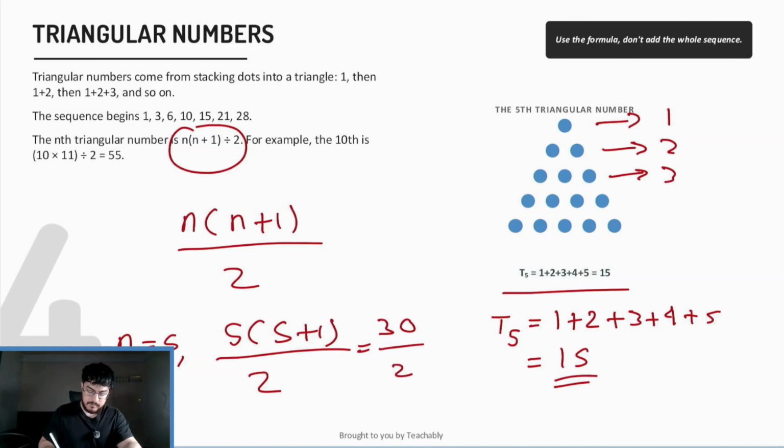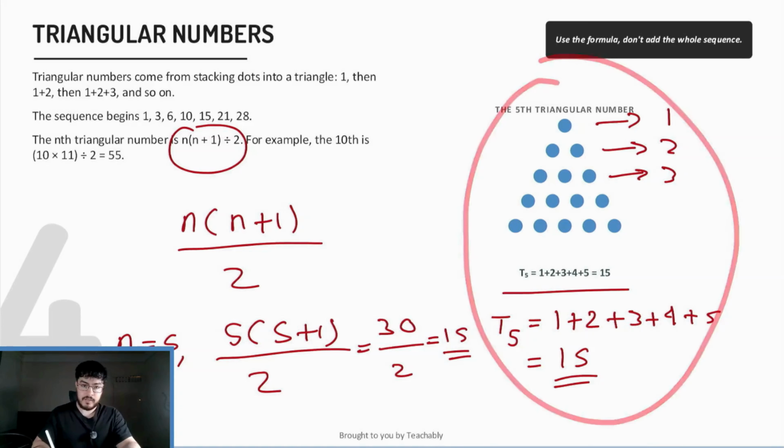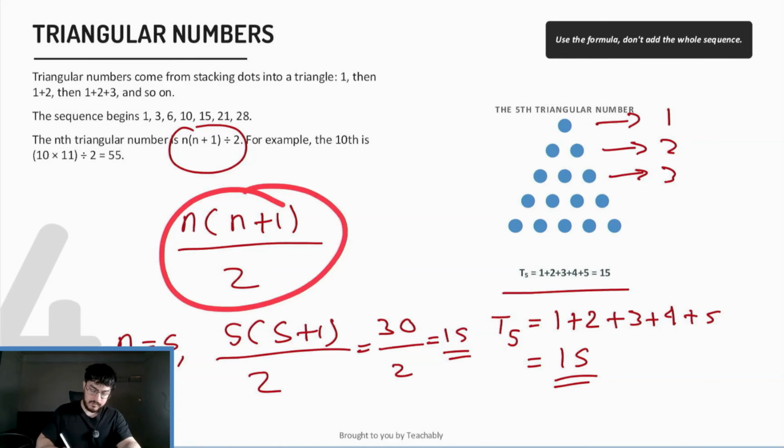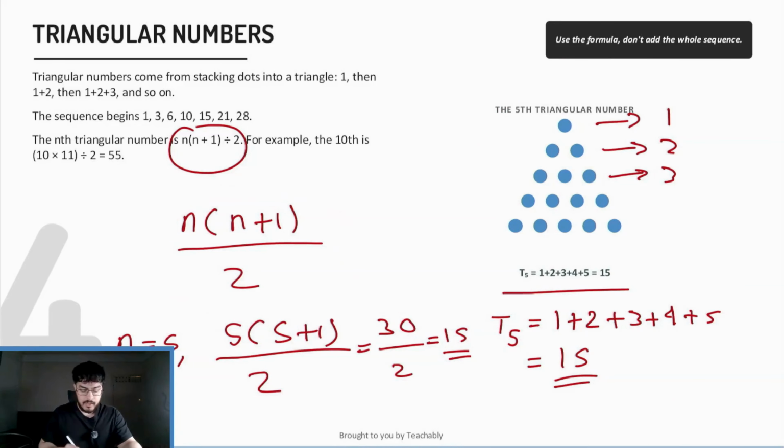Then divide that by 2, and you end up with 15. So there's a basic way to calculate them, and there's also a formulaic way. You'd ideally want the formula if you're doing bigger triangular numbers like 10, 20, 30. The smaller ones you can just very quickly do in your head, 1 plus 2 plus 3, and so on.